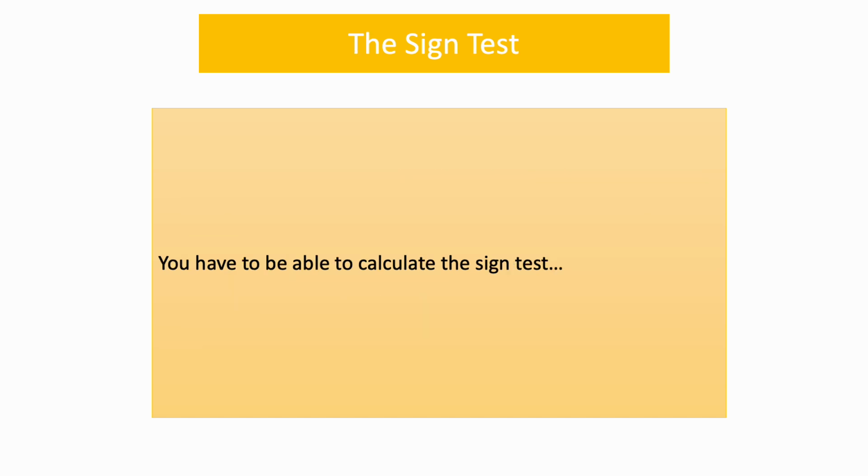You have to be able to calculate the sign test. So I've got 9 steps on the next screen. They're not necessarily all needed, but it's good to just know them and practice, even if you create your own numbers and your own data, just to have a feel for how the sign test should be done.